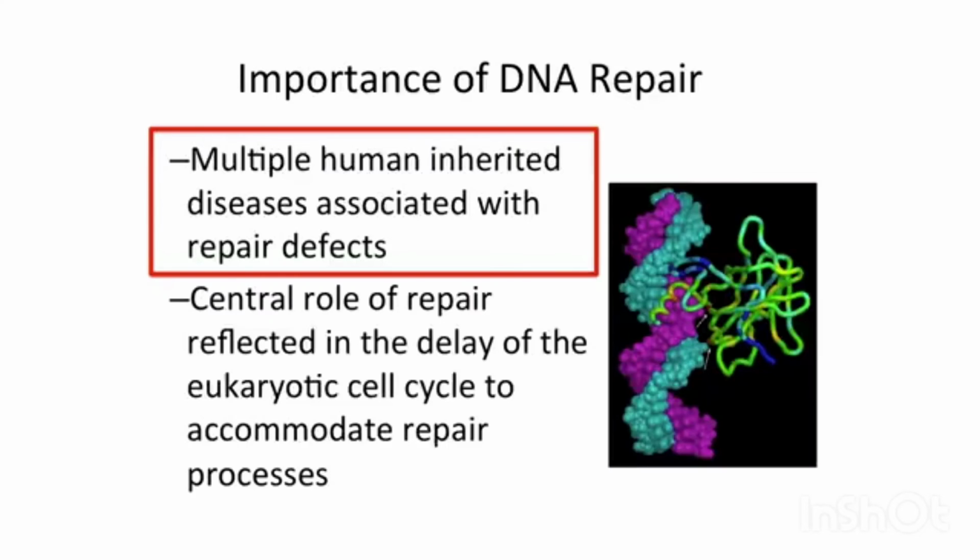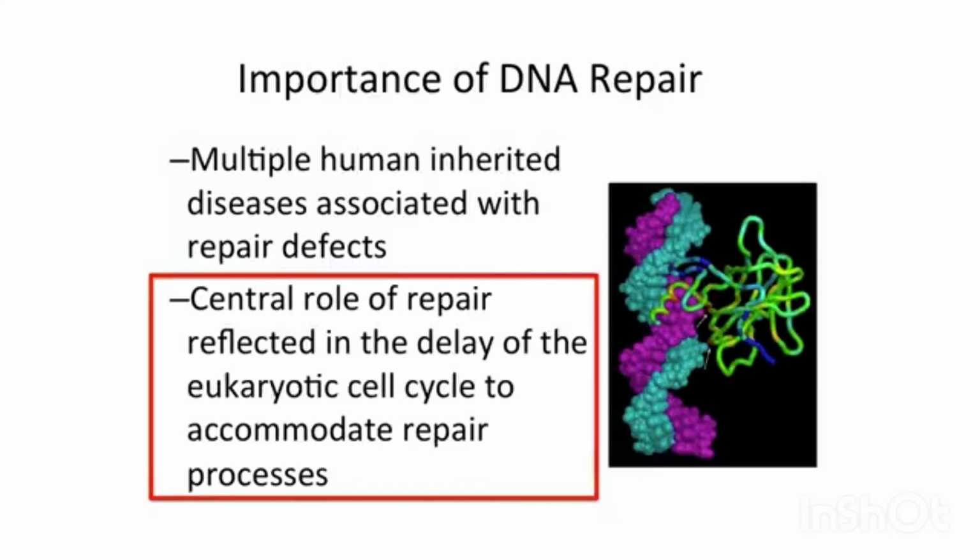Well, in part, multiple human diseases that are inherited come because of repair defects that result in altered base pair changes. In addition, the central role of the repair process is reflected in the delay of the eukaryotic cell cycle in order to accommodate repair processes, in order to accommodate the completion of restoring the DNA to its original state.